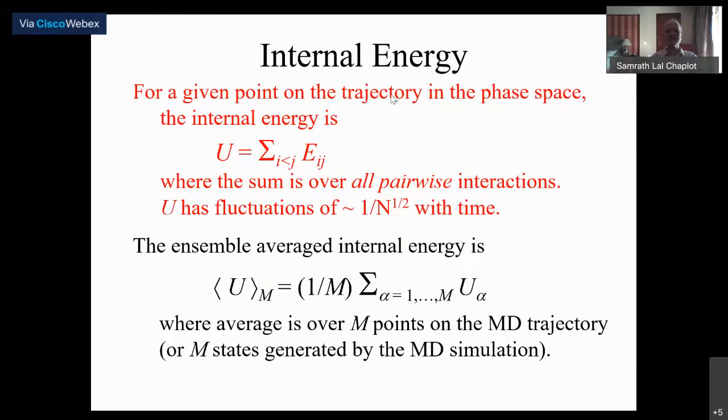I can calculate the total internal energy at any point in time. This number can be available directly from the ab initio method, or if I use an empirical potential, then I can calculate it by taking pairs of atoms in the simulation cell.